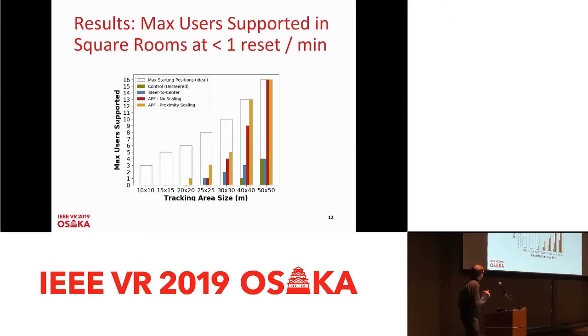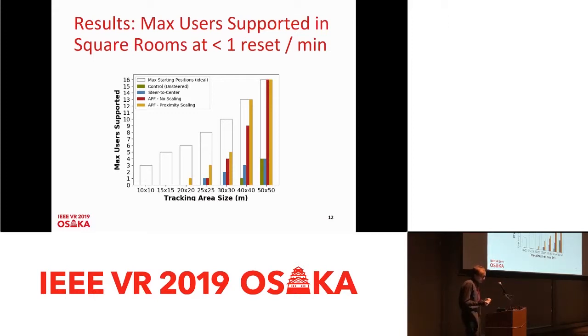So first, let's look at the maximum number of users you can support in square rooms. As an arbitrary cutoff, we say that this is 1 reset per minute. With artificial potential field proximity scaling, you need at least a 20 by 20 meter tracking area to get under 1 reset per minute. However, slightly increasing the size of the tracking area allows you to support more and more users.